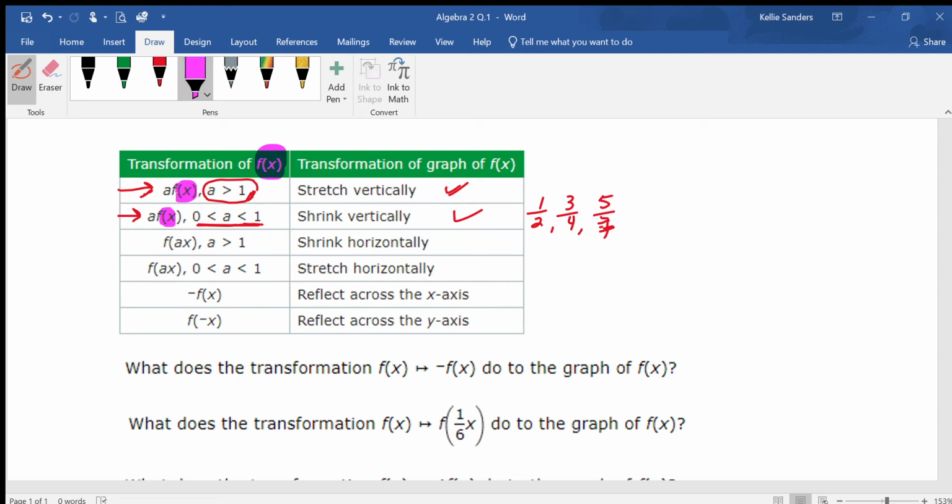Now, if just the x part is multiplied, not every single thing in the equation, and what we're multiplying by is greater than 1, we're going to shrink horizontally. If we multiply just the x part by a number between 0 and 1, we're going to stretch horizontally.